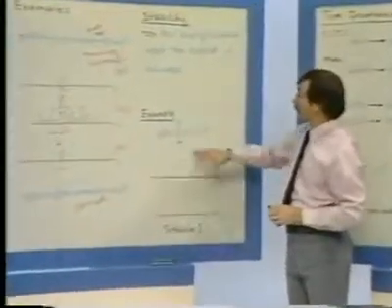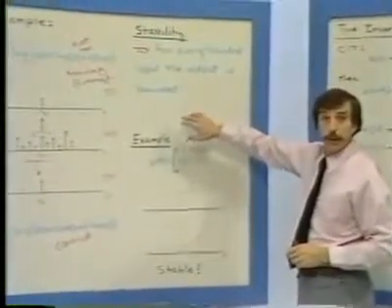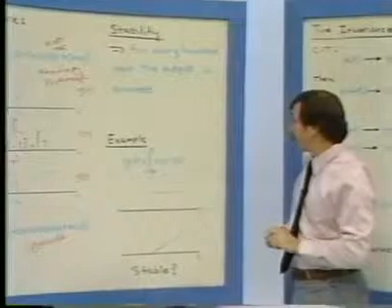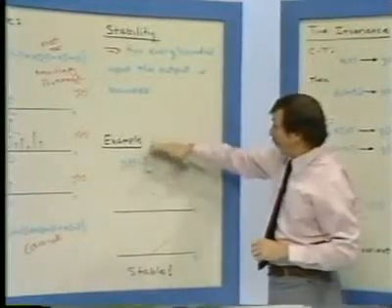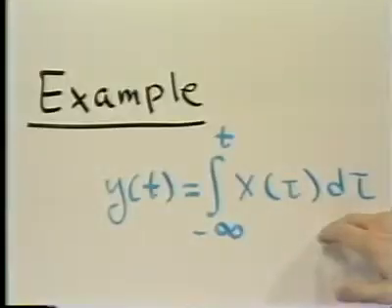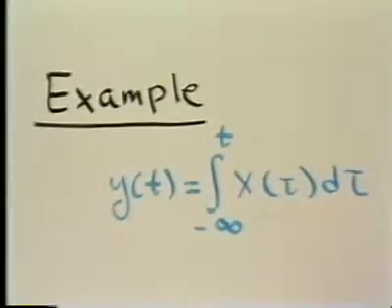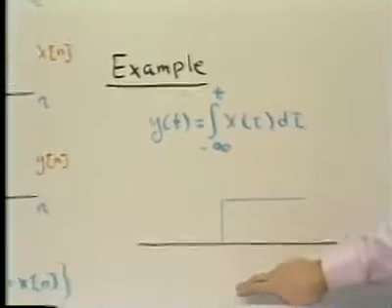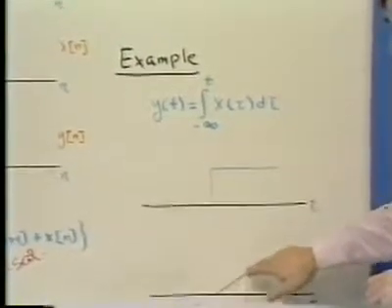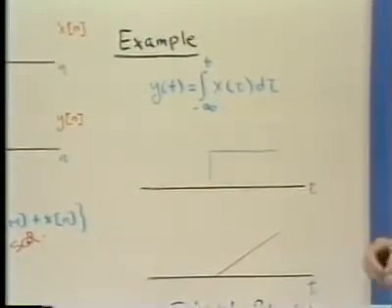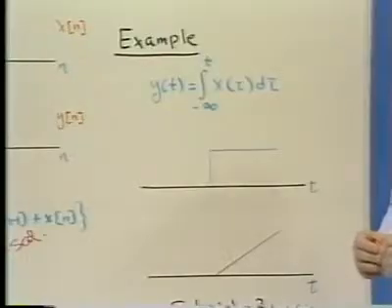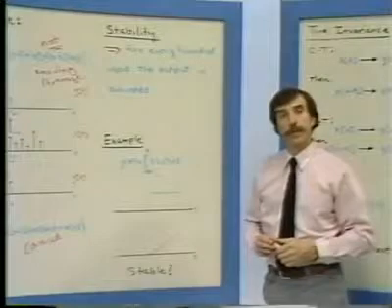I have here, again, the example of an integrator. And as I indicate here, if we have an integrator and we put a step function into it, or a step signal into it, the output is what's referred to as a ramp signal. It linearly increases. Now, a question is, is a ramp unbounded?